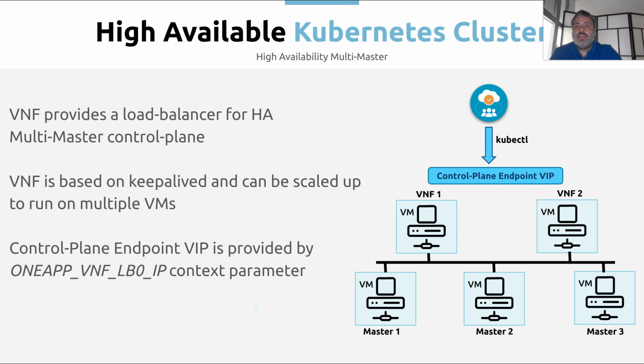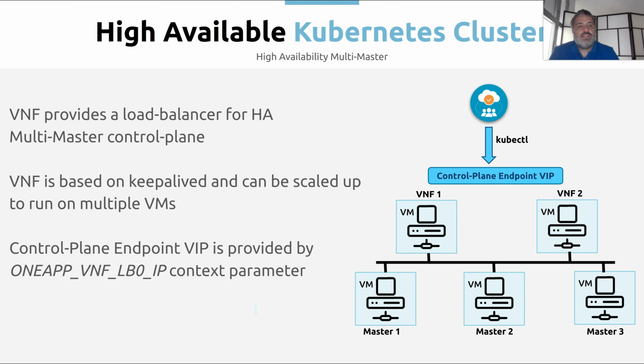So in this way, we have a high available system for the cluster, right? In order to communicate with the masters, we need a load balancer in front of the multiple masters. So with the VNF role, we are going to provide this load balancer for the high available multi-master control plane.